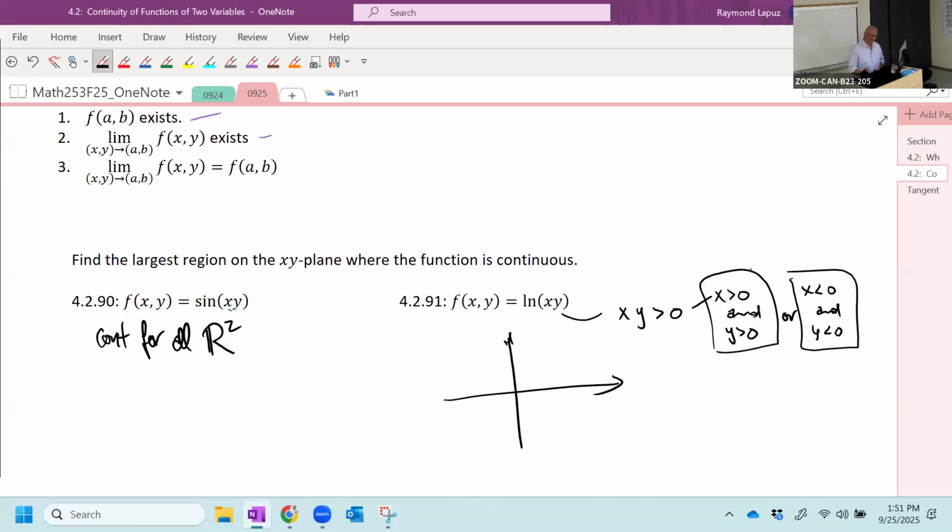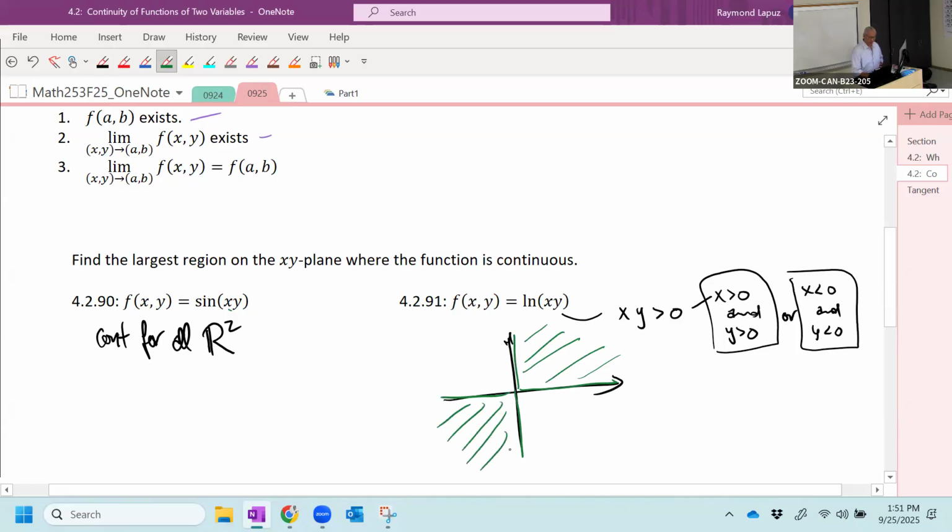Which quadrant? x and y are both positive in the first quadrant. x and y are both negative in the third quadrant. And so these would be the places where it would be continuous. It actually is a domain as well.